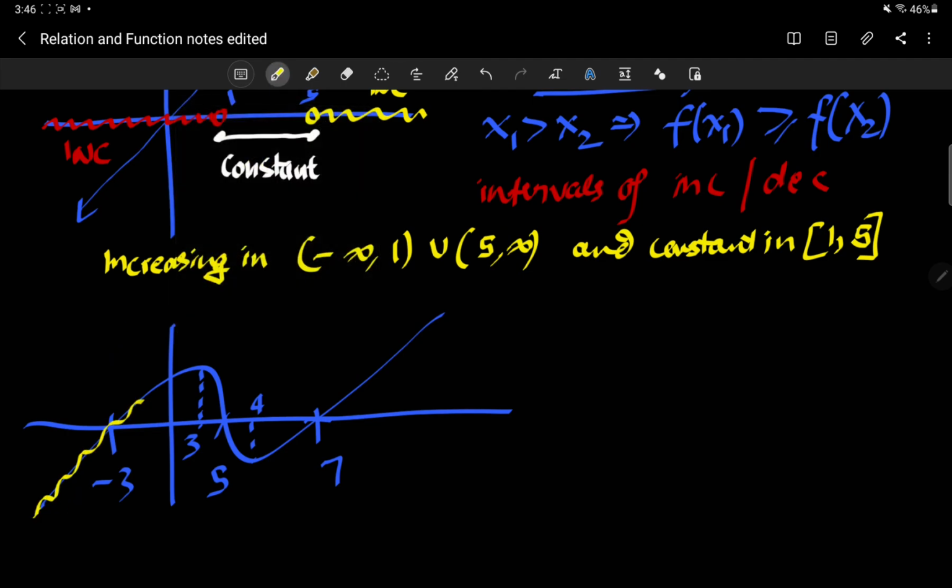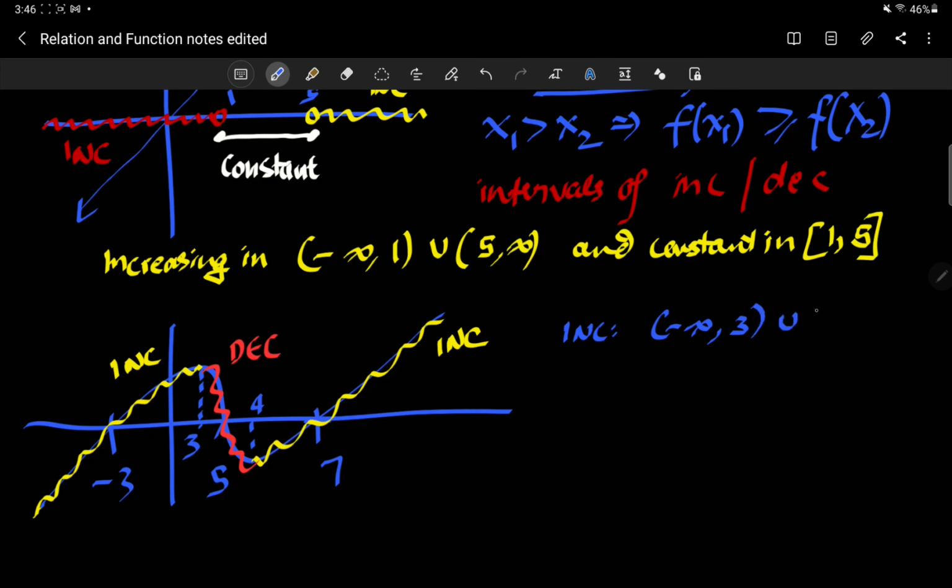So right up to here it's increasing, and then in here it is increasing, but in between it decreases. So in this case we say the function is increasing from negative infinity to 3 union 4 to infinity, and it's decreasing from 3 to 4. In fact, over here we can say it is strictly increasing and strictly decreasing.